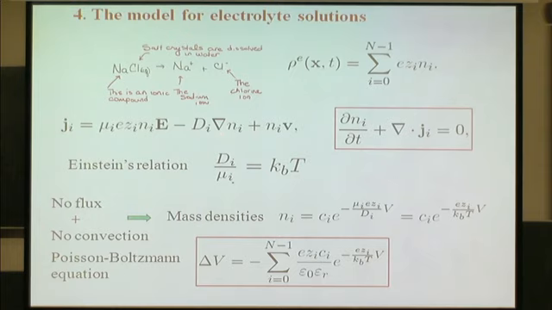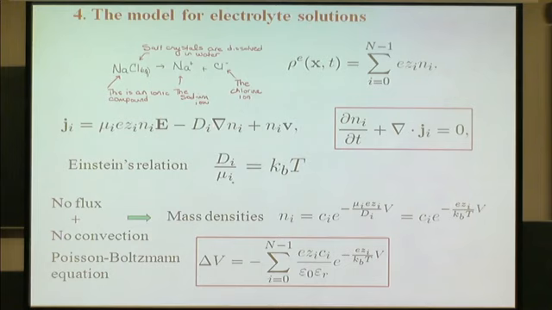And now if you look for a stationary configuration, so you think that everything is going to go very fast to a stationary situation, this derivative is equal to 0, so the flux is constant. You get an equation that tells you that n gradient of V minus some constant times gradient of n is equal to a constant, and you can integrate. It's one of these equations that is very easy.